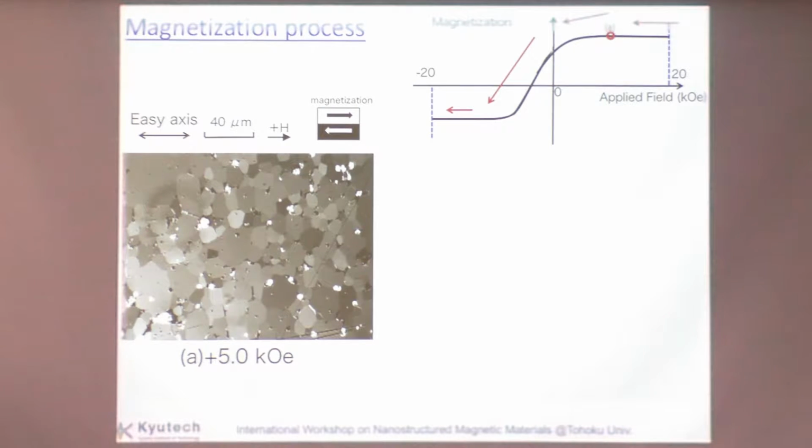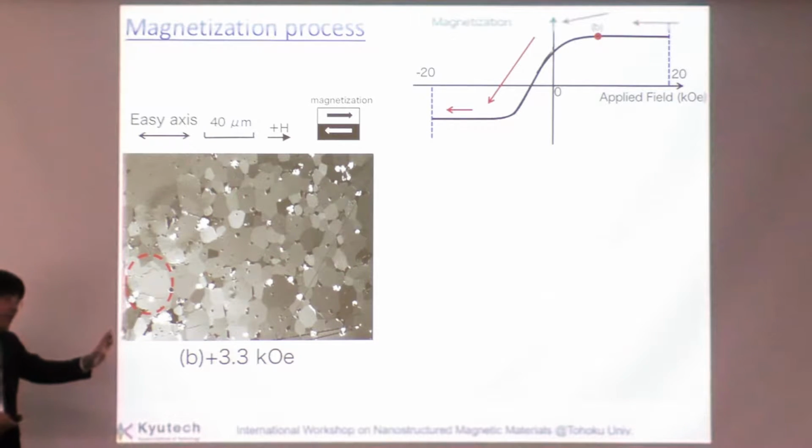Next, the observation result was image processed using a photo editing application. This is the same observation result. Firstly, the magnetized state, and when the field is 3.3 kilo-oersted, we can see the reversal domain.